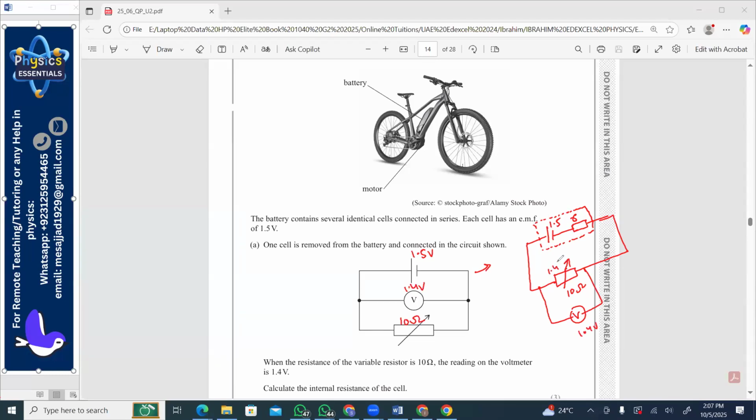It means there is 1.4 volts here. We can solve this circuit using two methods. One is a potential divider and the other one is the typical method using V equals IR. I will explain in both ways, so whichever you find easier, you can use. First of all, I'm going to solve it with method one, which is the potential divider way.